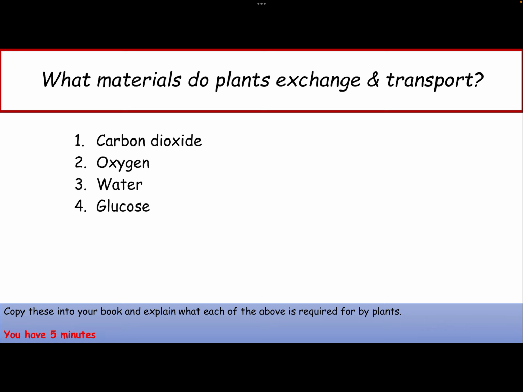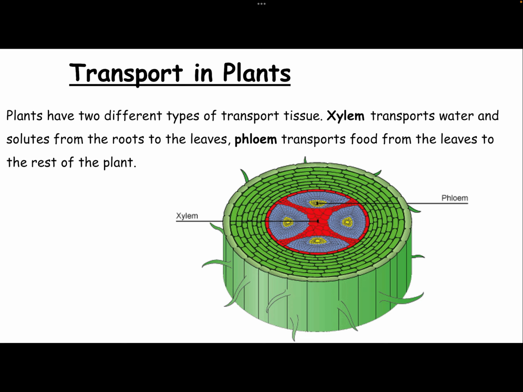Oxygen needs to be transported out. Water needs to be transported up the stem through the xylem. Glucose needs to be translocated through the phloem. Minerals need to be transported up the stem either by diffusion or active transport.